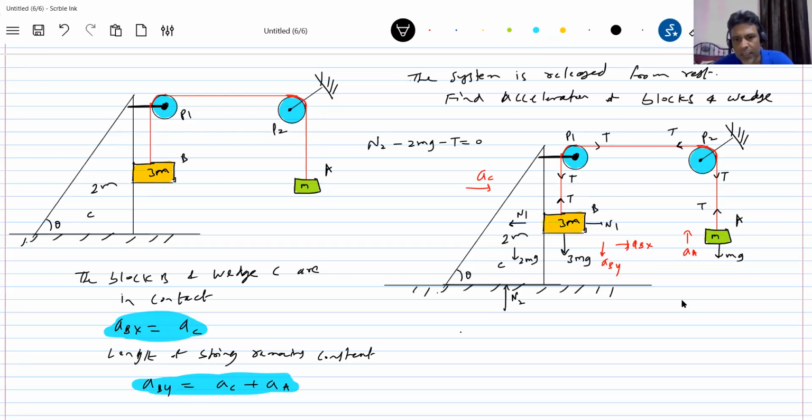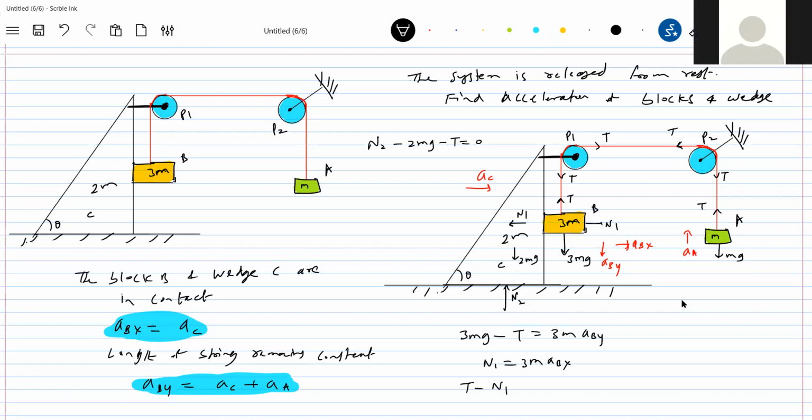So now the equation will be 3mg minus T is equal to 3m ABY. Then N1 equals 3m ABX. Then on the wedge, along the x-axis, what are the forces? T minus N1 should be equal to 2m AC.